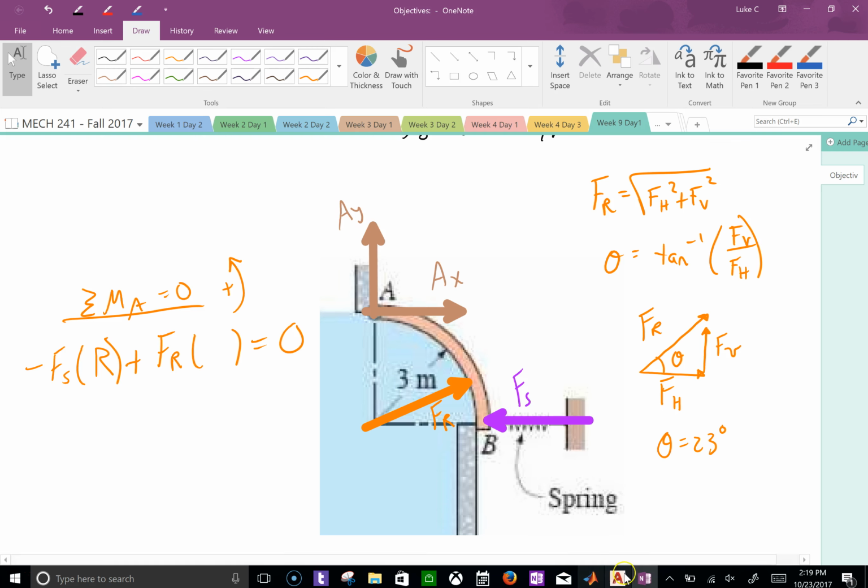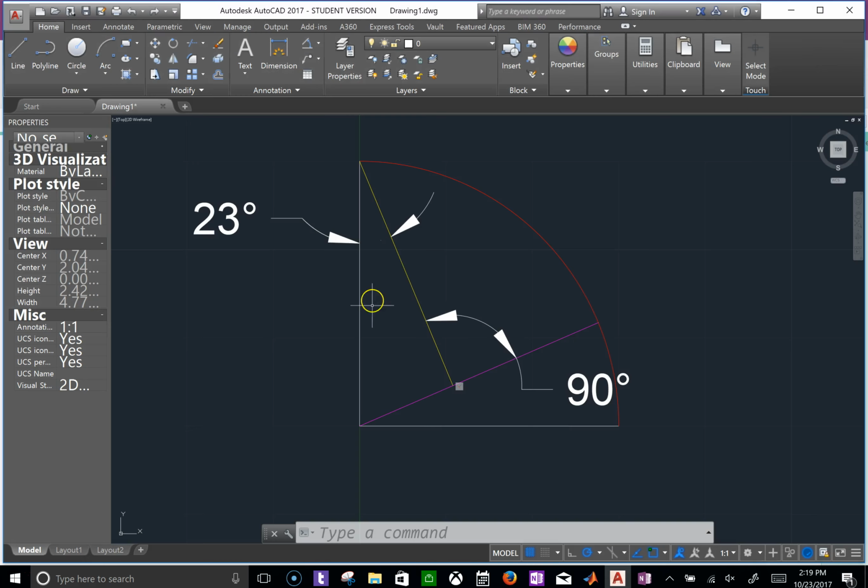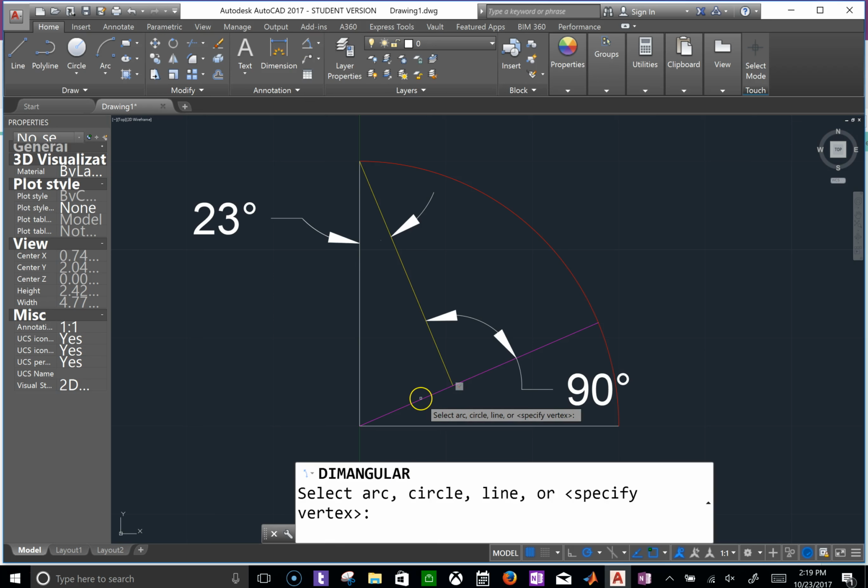So what I'm going to do is show you in AutoCAD. Take a look at the red section. This red is the gate. Here the purple is the resultant force FR. The angle of 23 degrees that this force is off the horizontal is right here.